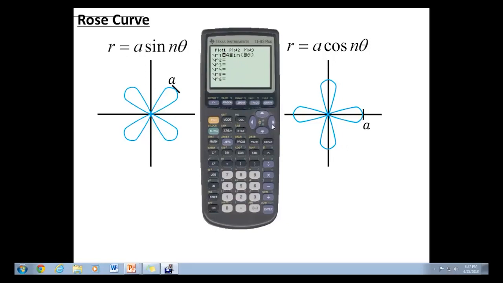Whereas if it's an even number, let's go ahead and make it an 8. If I have an even number, I don't have 8 petals, I'm actually going to have 16 petals. So for odd numbers, we just keep that number for the number of petals, but for even numbers, we double it to get the number of petals.